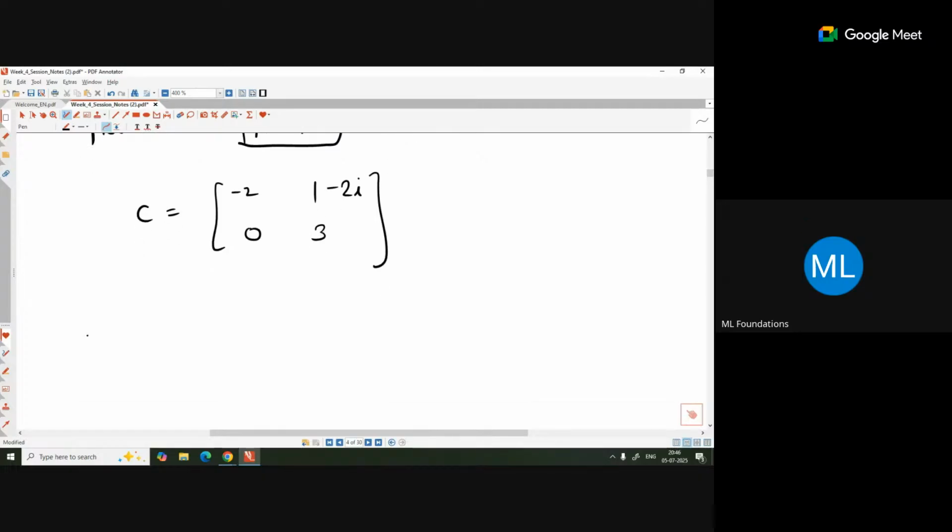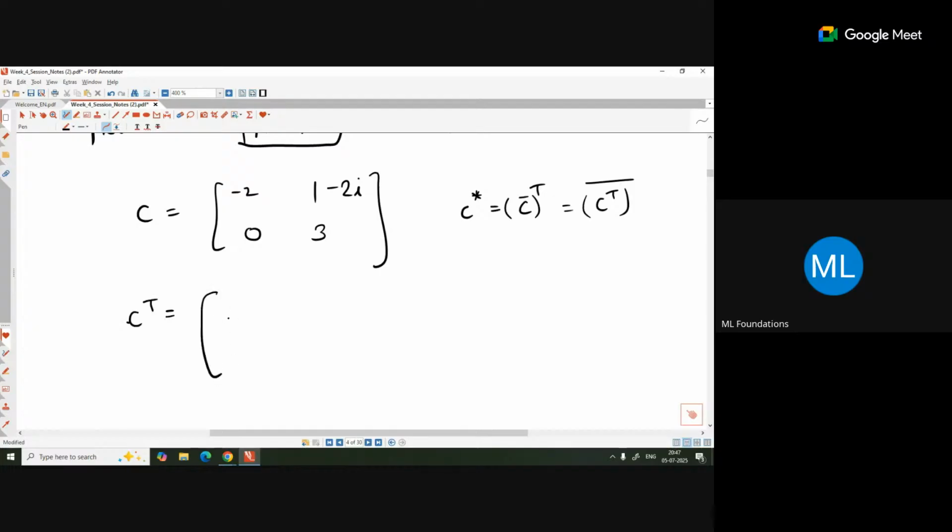So we'll have to see whether C star is a Hermitian matrix or not. First of all, we'll find out what C star is. C star is C conjugate transpose, or C transpose conjugate. Both will be the same. Let's say I'll do C transpose first.